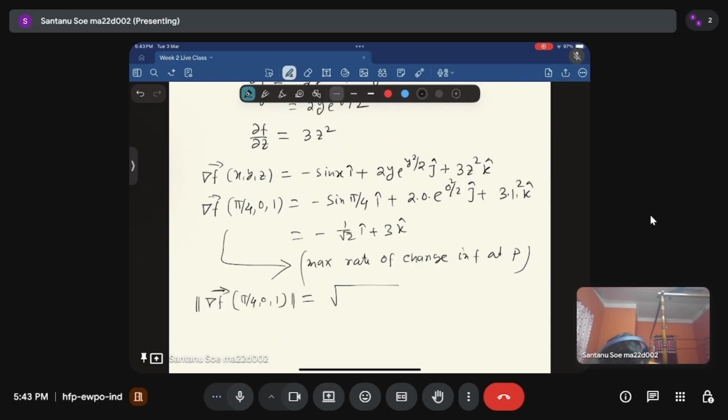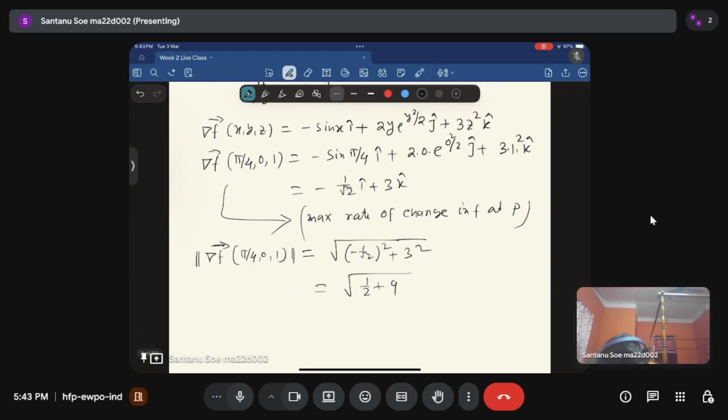So this is going to be the square root of minus 1 by root 2 square plus 3 square. So this is 1 by 2 plus 9, which is the square root of 19 by 2, which is approximately 3.08. Okay, so this is the answer.